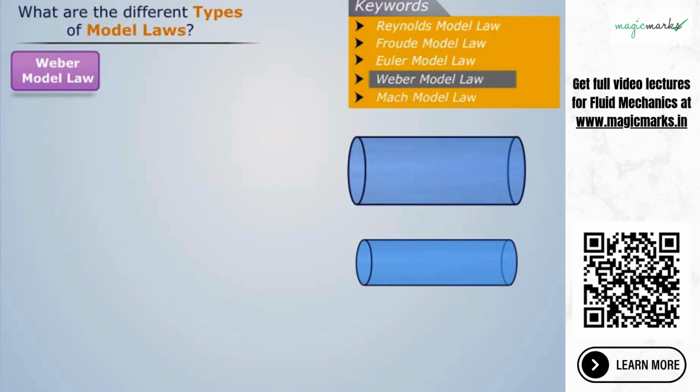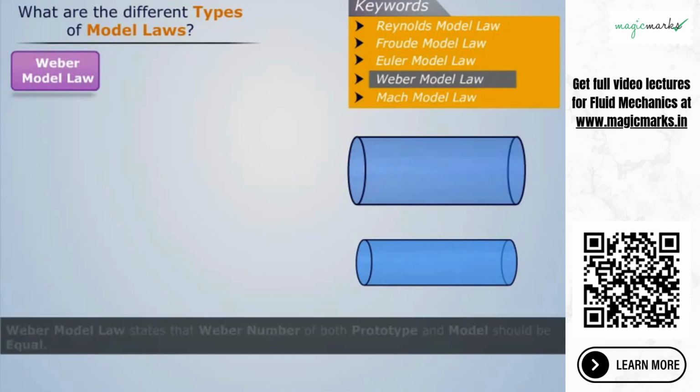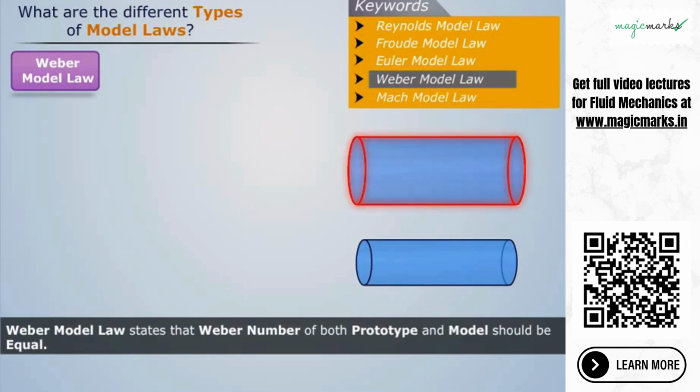Now let us understand Weber model law. This law states that Weber number of both prototype and model should be equal. Consider the same prototype of a pipe. Let WEP be the Weber number of this prototype. Now let us design a model of this prototype.